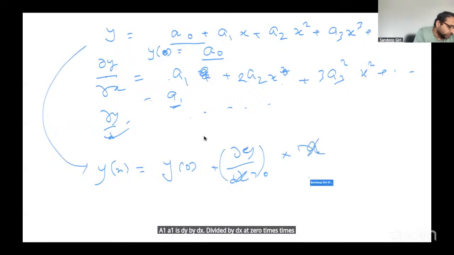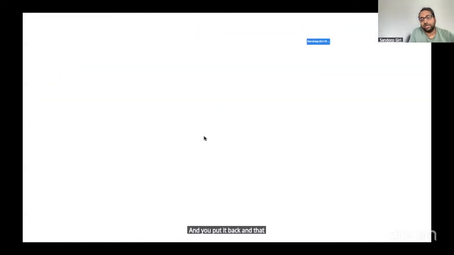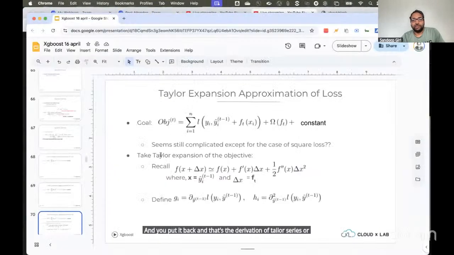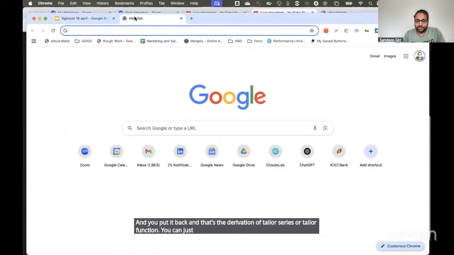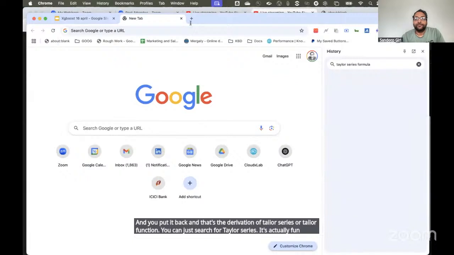So you can basically, by differentiating this whole polynomial, find the values of a1, a2, a3 in terms of dy by dx, and you put it back, and that's the derivation of the Taylor series. You can just search for Taylor series. It's actually fun to do.